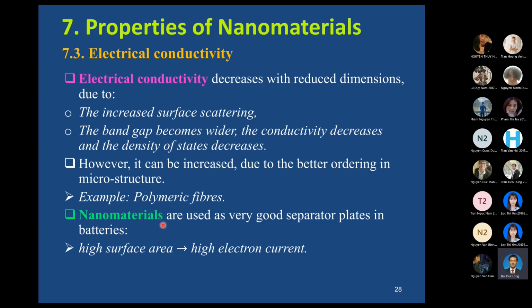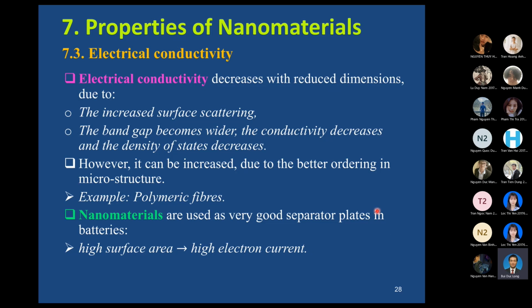Because nanomaterial is very good for battery application, it has a high surface area, so it can increase the exchange of charge carriers between cathodes and anodes. So it will increase the electron current.